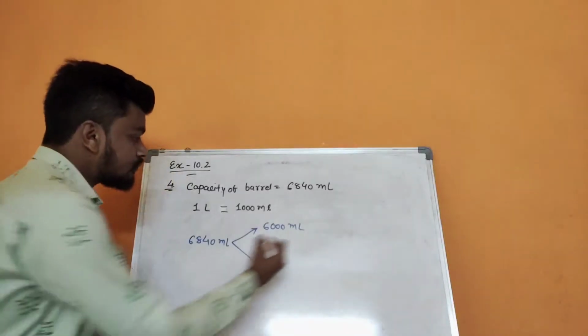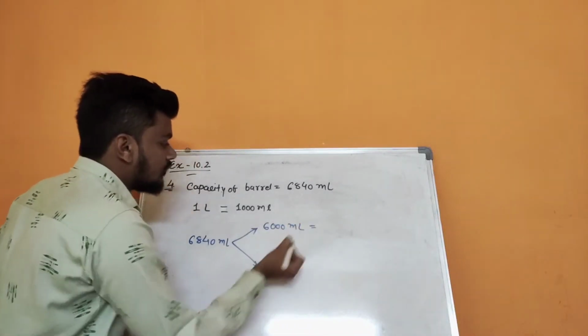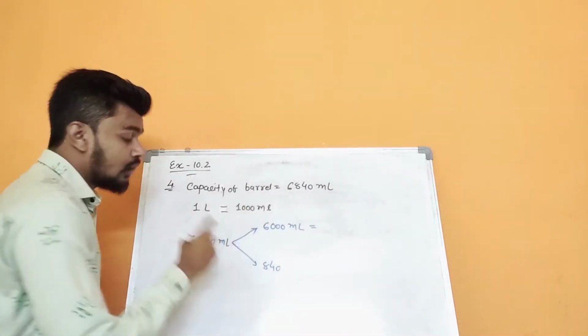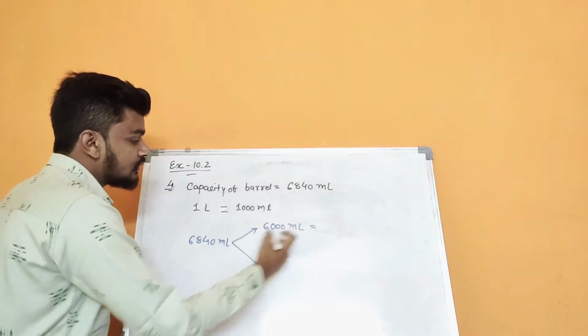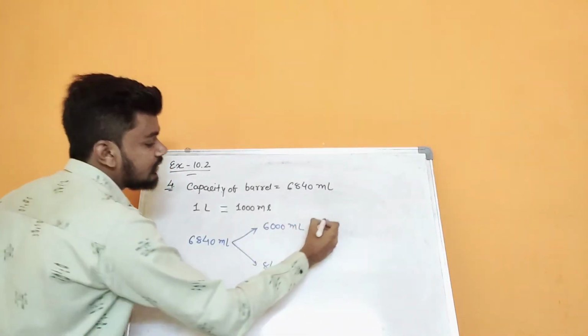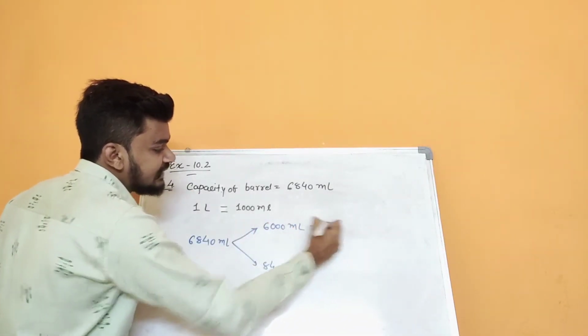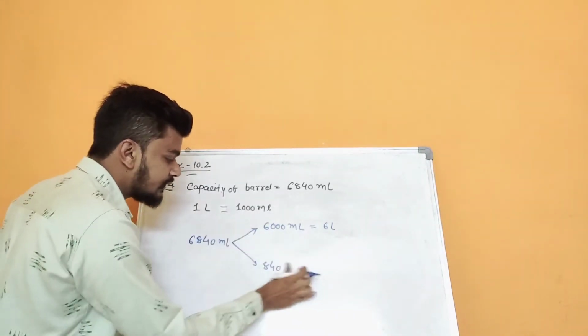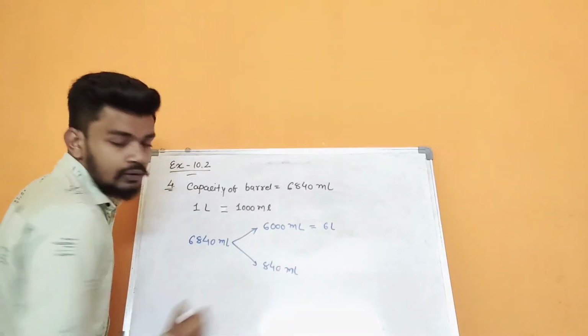Done. Then 6000 ml: if 1 liter is equal to 1000 ml, then 6000 ml is equal to what? It is 6 liter, right? And the other part stays as it is, in ml.